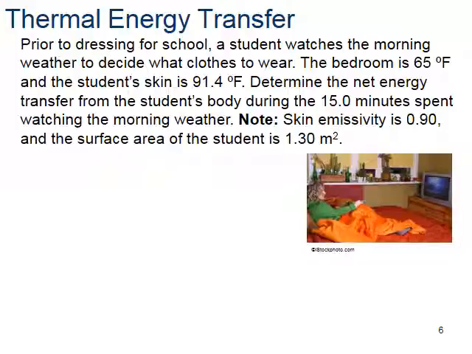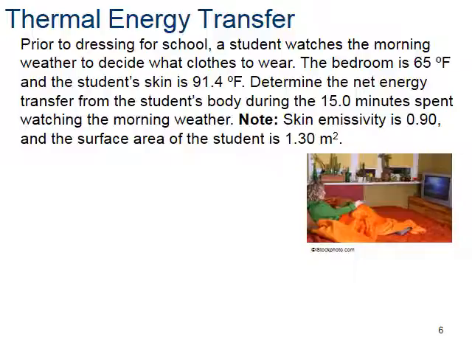So you have a Thanksgiving break and you're sitting at home and you're watching TV. Prior to dressing for school, or maybe you're just hanging out, you're watching the morning weather to decide what clothes to wear. So the room you're in is at 65 degrees. Your skin temperature, which is not the same as your internal temperature, is at 91.4 degrees Fahrenheit.